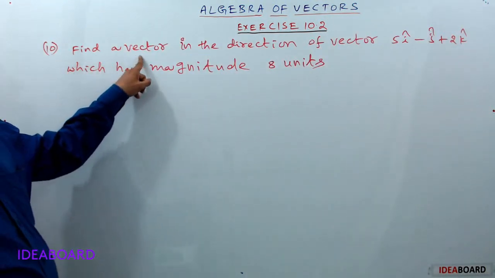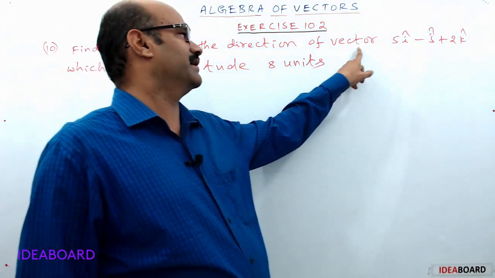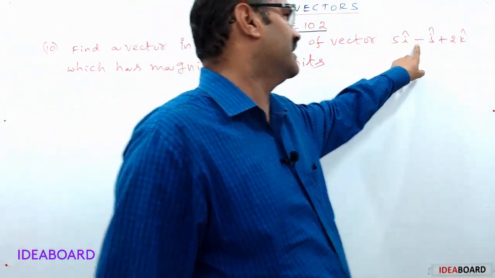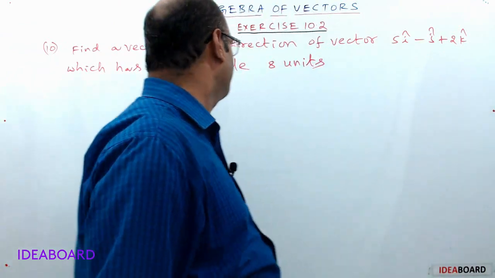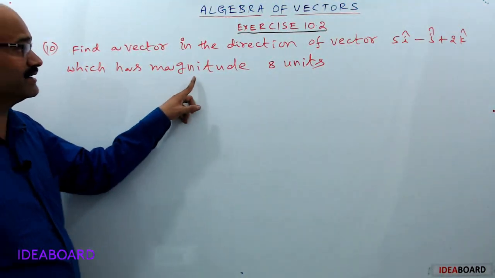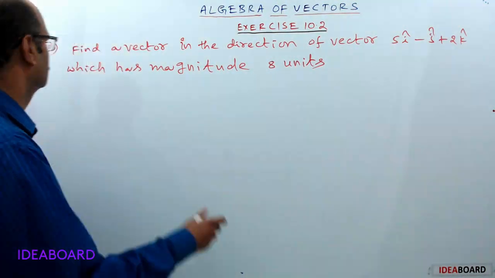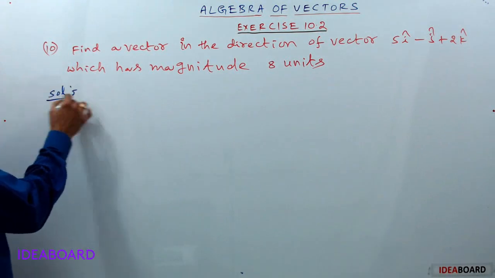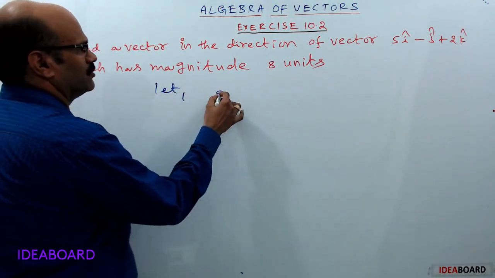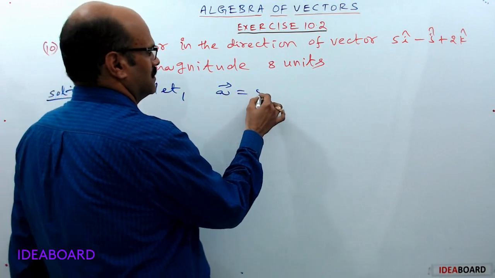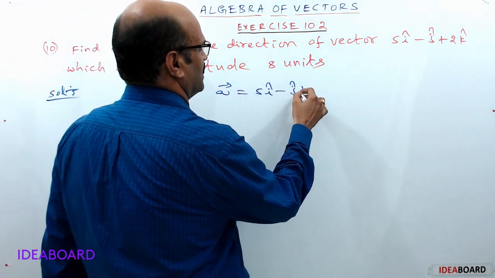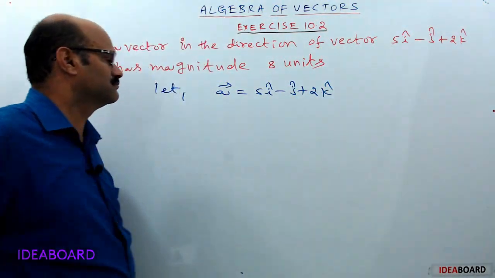Tenth problem. Find a vector in the direction of vector 5i cap minus j cap plus 2k cap which has magnitude 8 units. Solution. Let A vector equal to 5i cap minus j cap plus 2k cap.